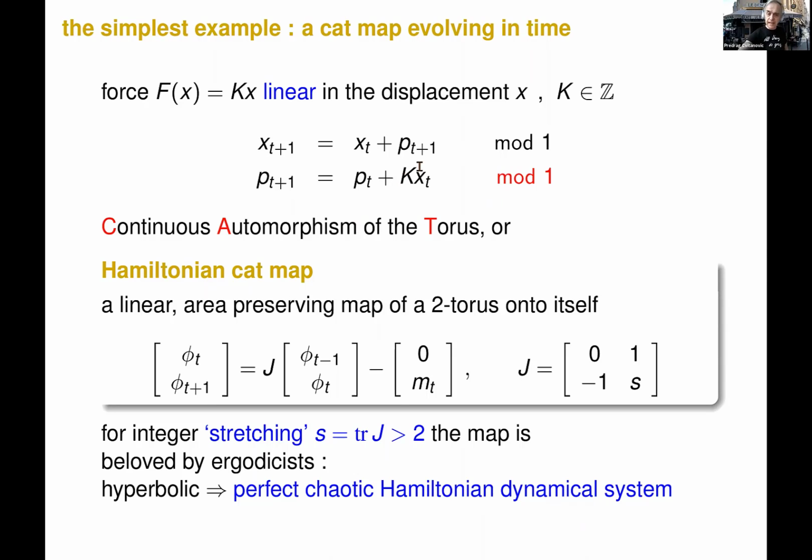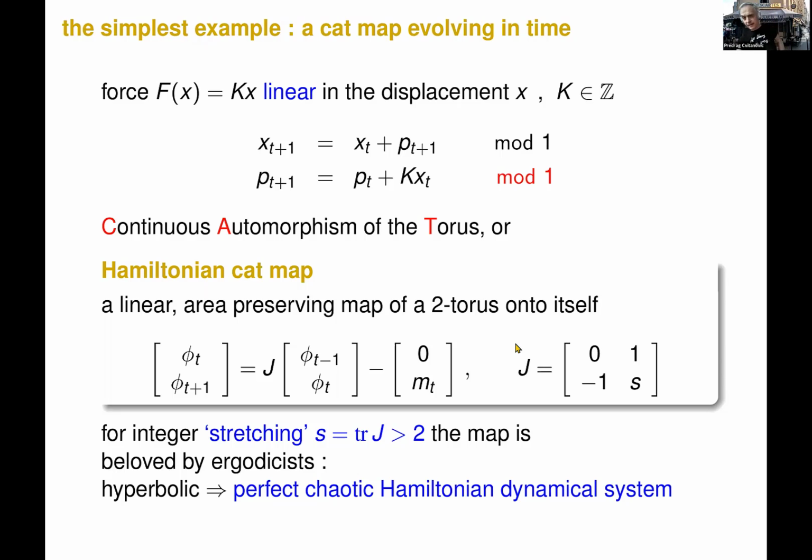And if k is an integer, you can show that this is a continuous automorphism of the torus, or a Hamiltonian cat map. It's linear, in this case area preserving. There is a surface of the torus, a map of the torus into itself. And the only thing that in that case matters, this law has to preserve volume, so it has to have determinant 1.